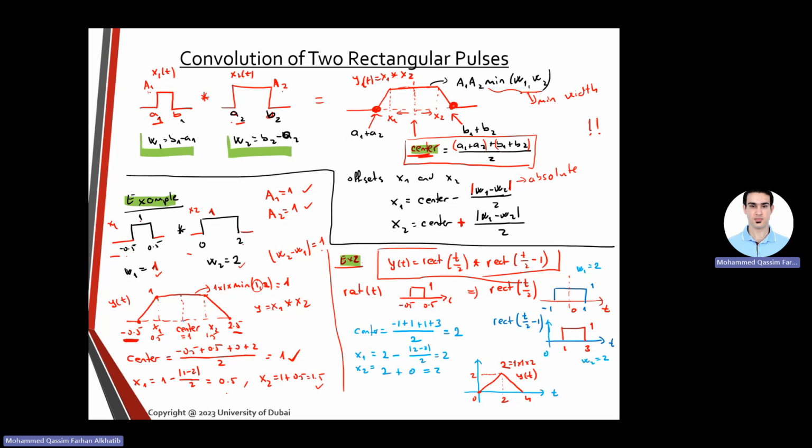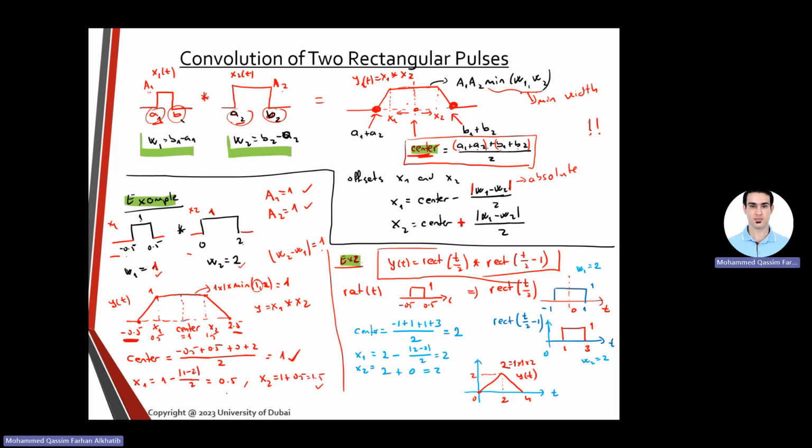And we have the point at the center. As I mentioned, the output is symmetric. The center is given by this expression: A1 plus A2 plus B1 plus B2, the summation of all these values over 2. That's going to be the center of the convolution.